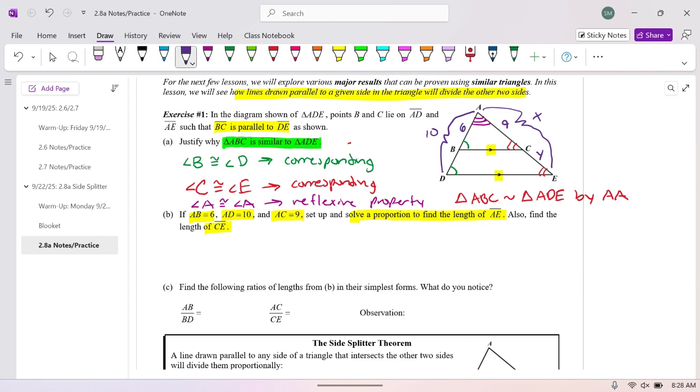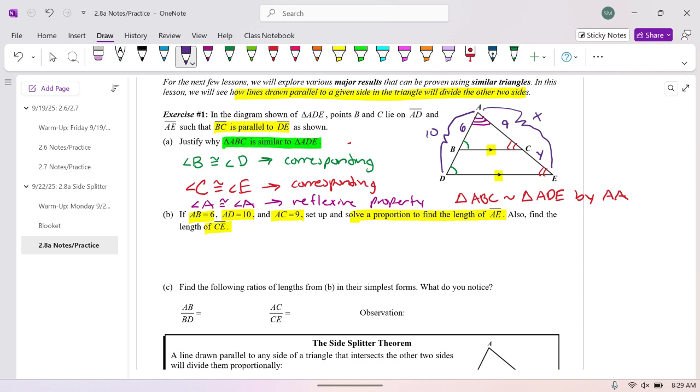So, first off, we know the sides are proportional. Which variable would be the obvious one to solve for first, X or Y, given the information that we have? Y is only a part of a full side.